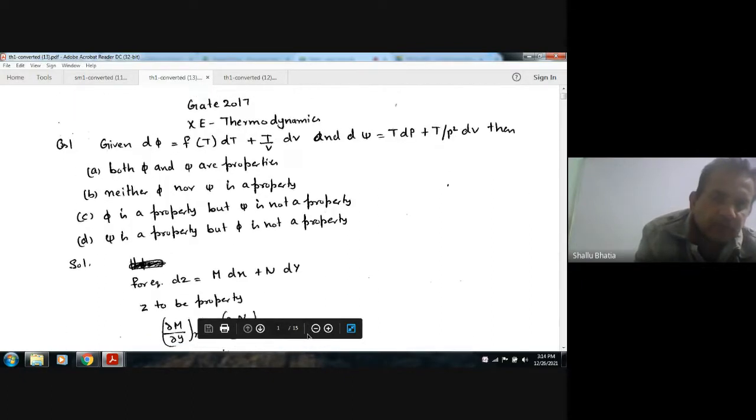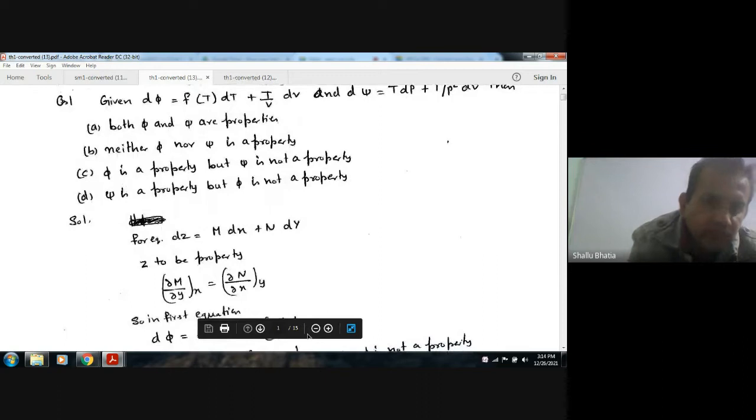Now we know that for z to be a property, represented by the equation dz = M dx + N dy, this condition should be satisfied: ∂M/∂y at constant x should equal ∂N/∂x at constant y.